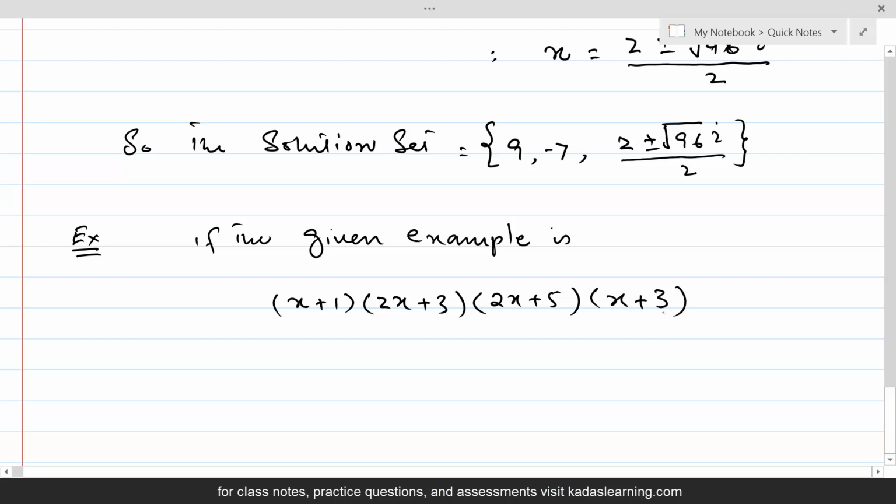If these factors are given on this side, then we should think about which of the factors must be grouped together.